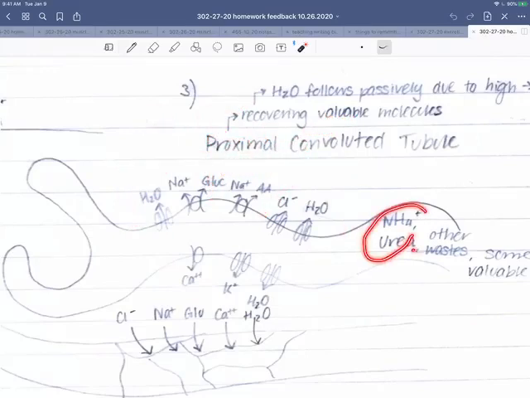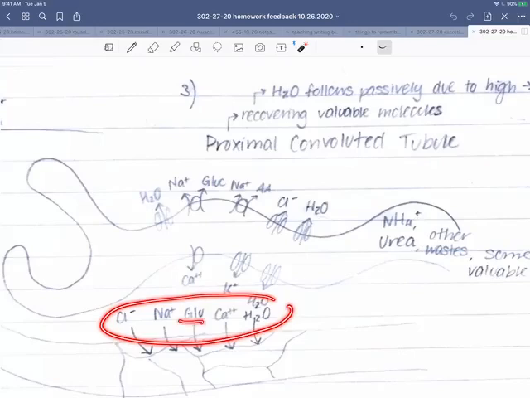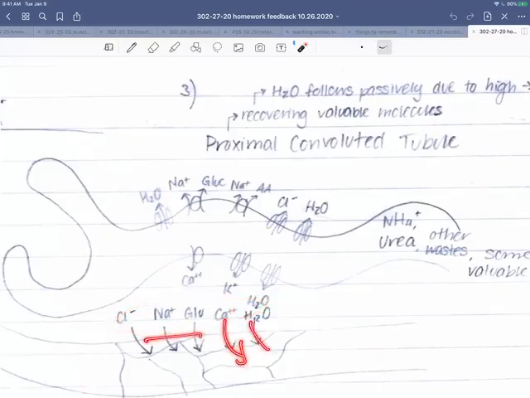Things like ammonia, urea, and other wastes, and actually some valuable molecules, get left behind. And because these valuable molecules, including glucose, calcium, and so on, are at higher concentration outside the cell than in the capillary, they will move in through gaps in the capillaries.